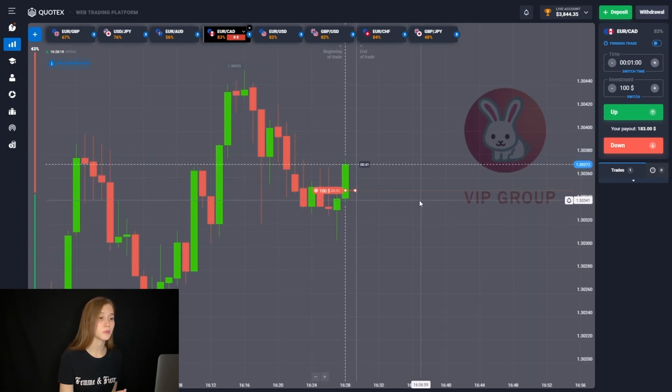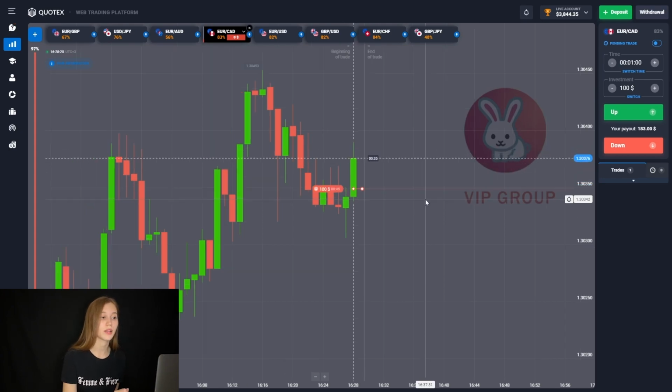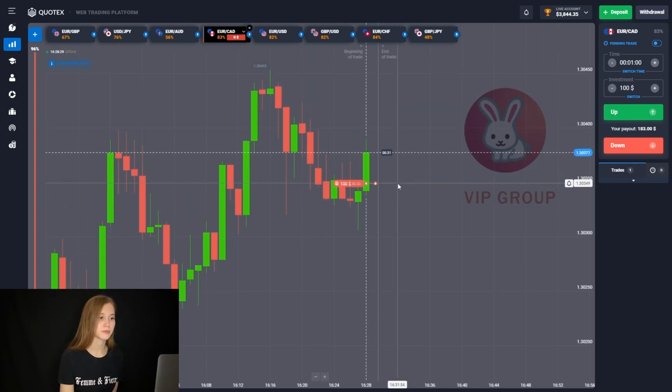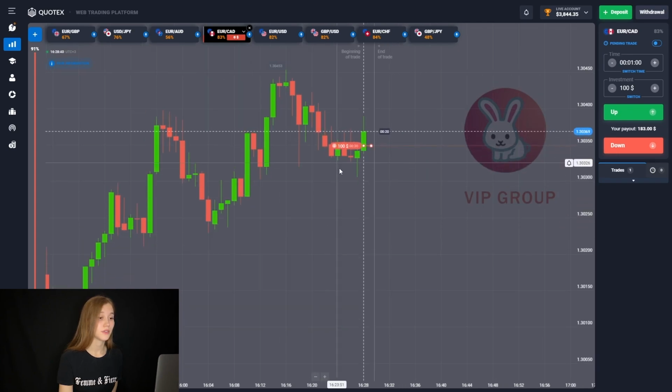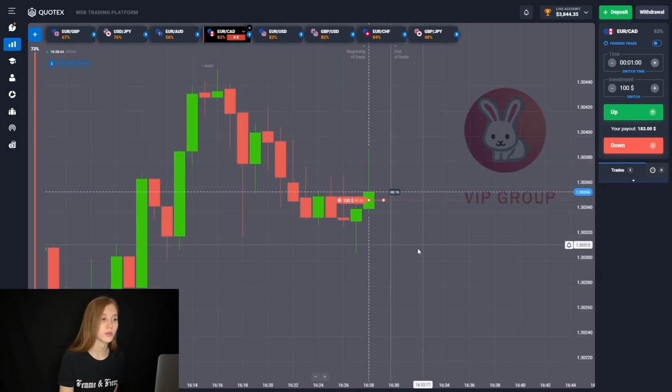For some reason, we see a very large increase in this candle, but I think it will also quickly go down. Let's see. In theory, there was a rollback, and the movement should go down.